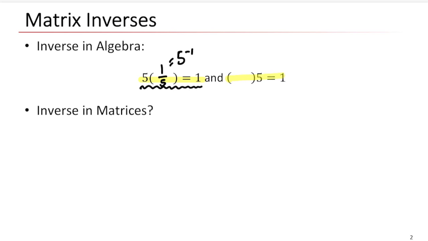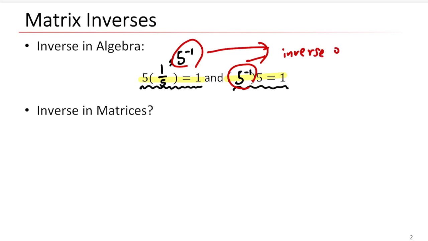Or we can multiply 5 to the power of -1 on the left side, also something like this. So in this case, this is called the inverse of the scalar value 5. So this is the inverse in the algebra space.